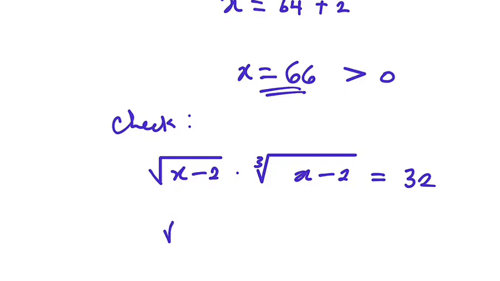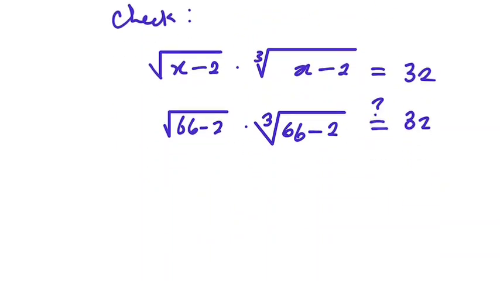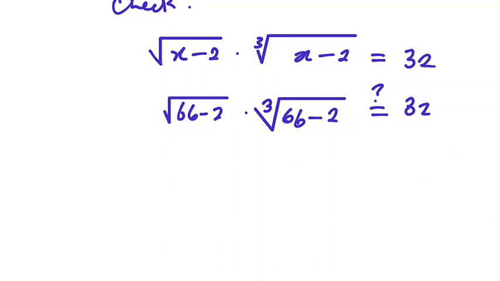So now let's check. We have the square root of 66 minus 2 multiplied by the cube root of 66 minus 2. So this gives us 32. Alright, so we're going to have 66 minus 2. That will be 64.